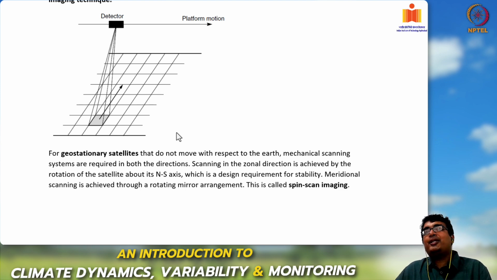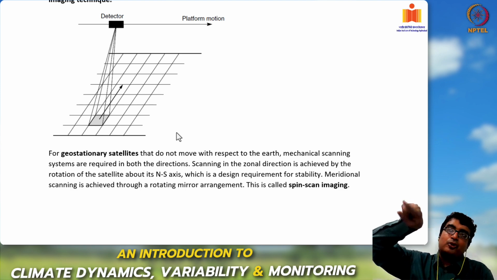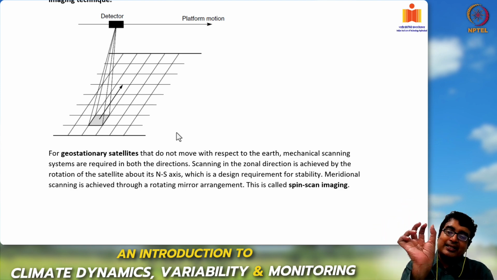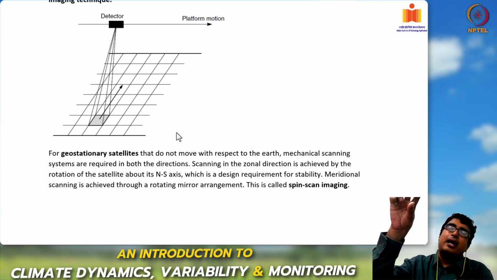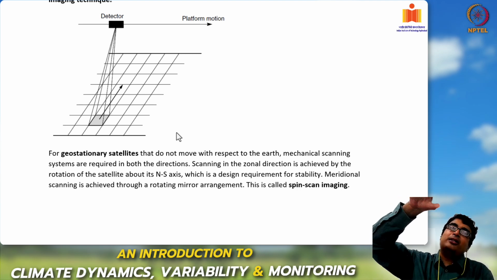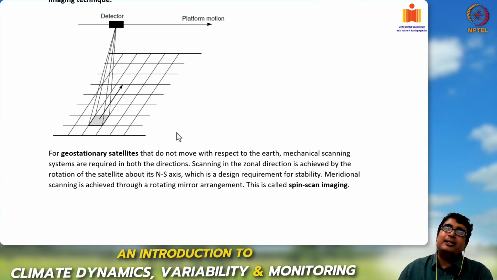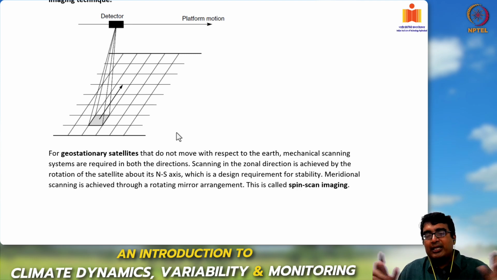The zonal direction motion is obtained by the rotation of the satellite about its north-south axis. Since the detector is on the satellite, the detector moves along with the rotation along the circumference of this rotating satellite and hence collects information in the east-west direction.